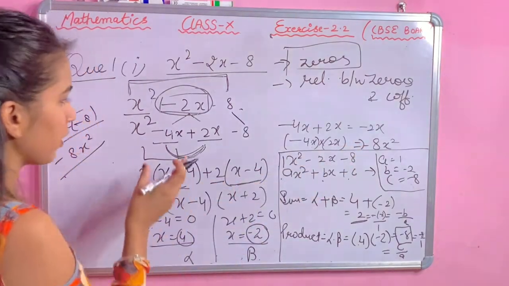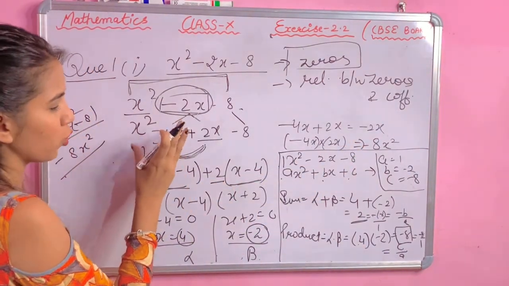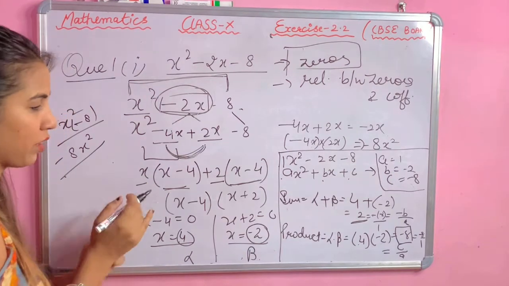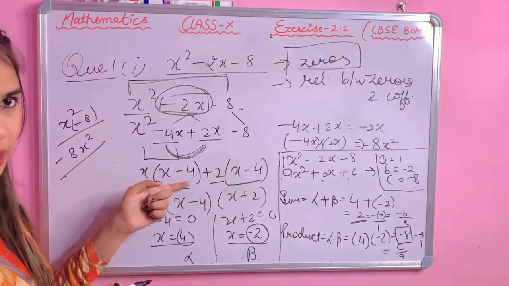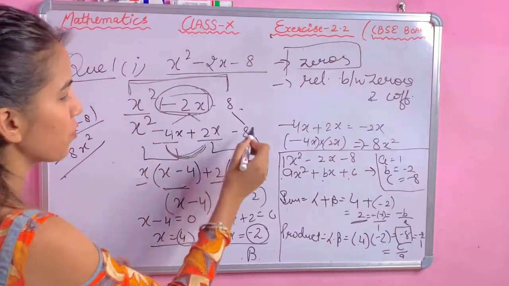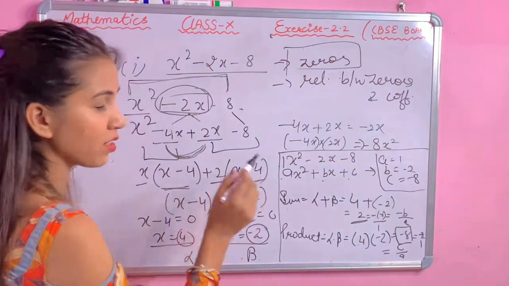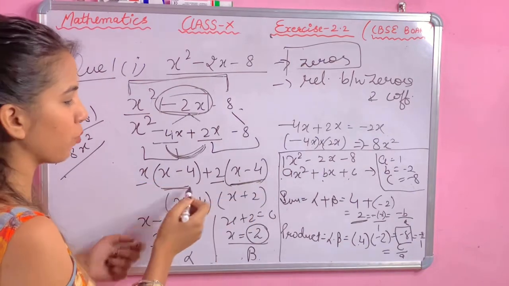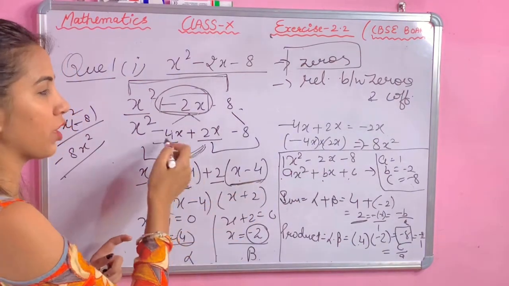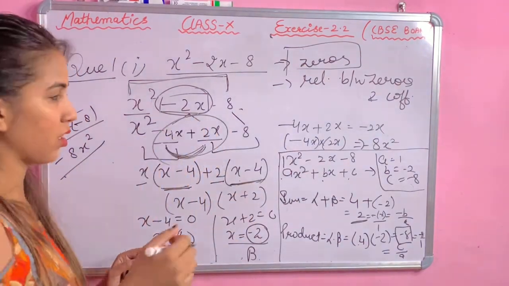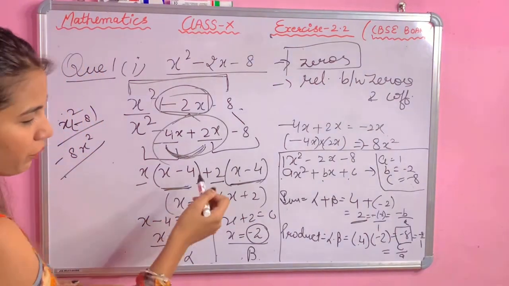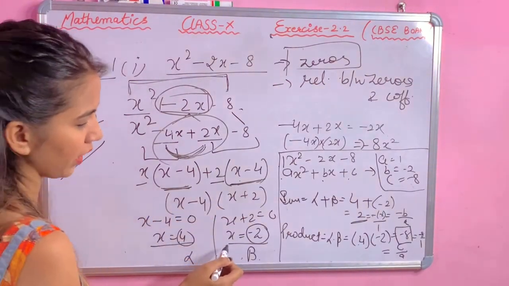Fine. Then from the first two terms we can take x as a common factor. After taking x common we'll get x minus 4, and from the last two terms we'll take 2 as common, then we'll get x minus 4. These two brackets should be same. If these two brackets are not same, it means we have done the wrong factor division here. After finding the factors, the first factor is 4, the second factor is minus 2.